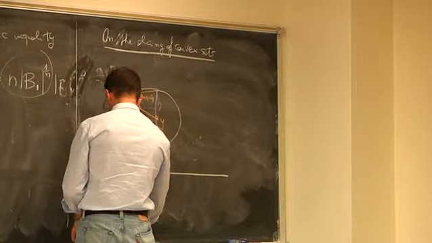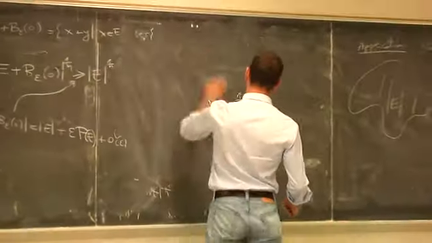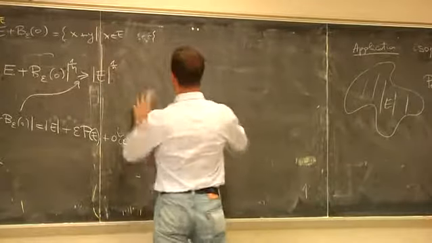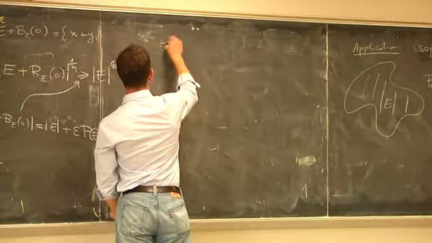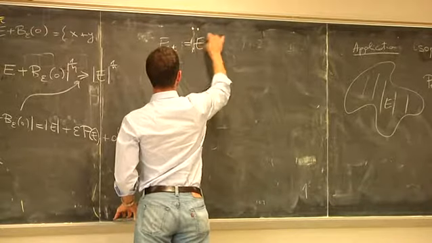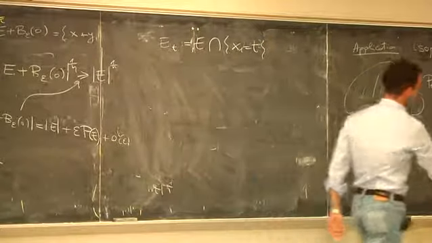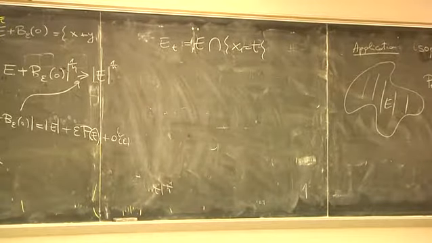So if I define Et to be the set E intersection x1 equal t, so this is, let's say, the e1 axis.